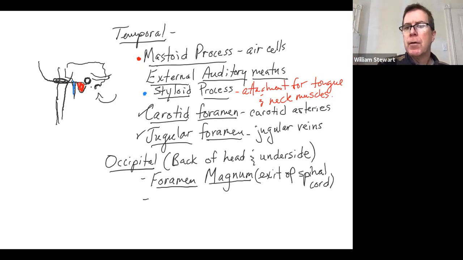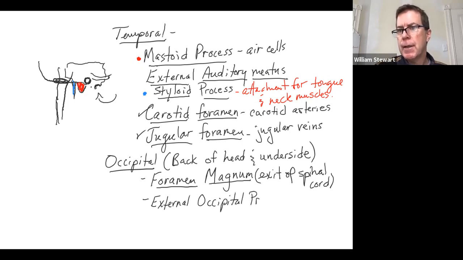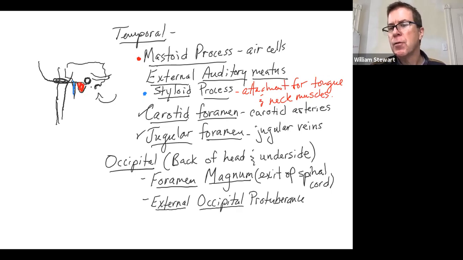There is also something called the external occipital protuberance. It's hard to say quickly. This is just fancy language. The concepts are not difficult at all. The external means on the outside or the surface. Occipital means occipital bone. So it's a marking on the external surface of this bone, protuberance.